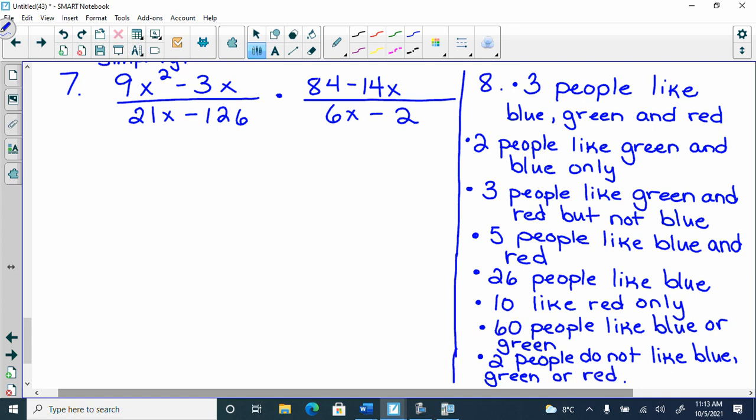So for number 8, you're going to fill in the 3 Venn, and then I'm going to ask you a question about it. So you're doing number 7, which is multiplication, then you're doing number 8, which is 3-circle Venn. Try them out.